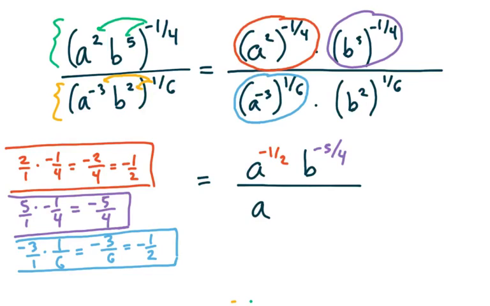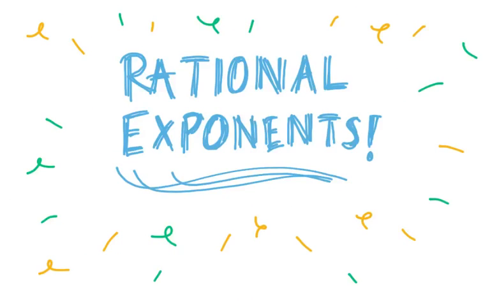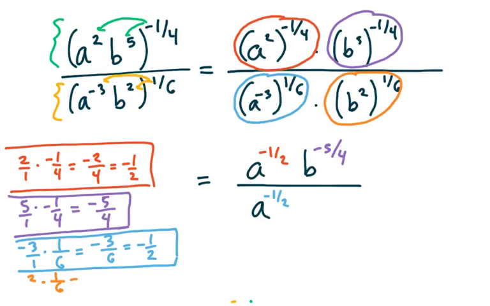So I'll have a to the power of negative 1/2. We're so close, we just have one piece left to work on in terms of cleaning up the numerator and denominator, and that is this b squared to the power of 1/6. So 2 times 1/6, it's really 2 over 1 times 1 over 6. So 2/6 or 1/3. So the new power on our b term in the denominator is going to be 1/3.